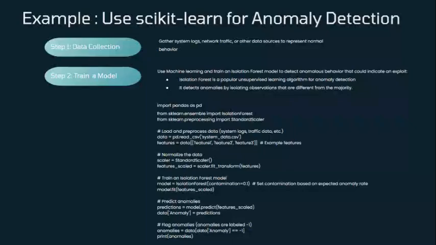After training the model on normal system behavior, it can identify potential 0 day exploits and flag any suspicious activity as an anomaly. So this is the example that I used for detecting the 0 day exploit.